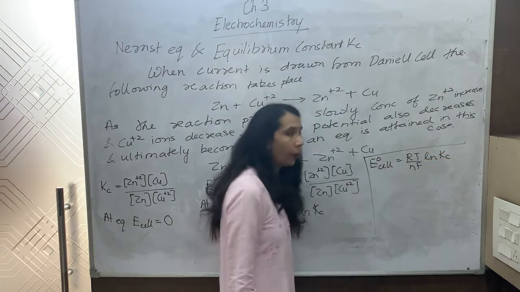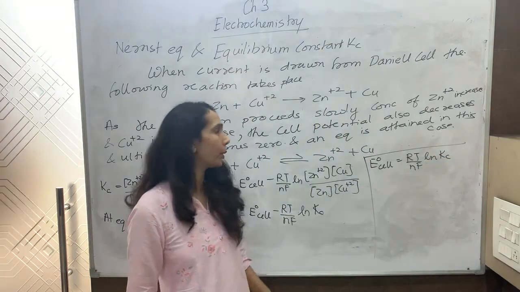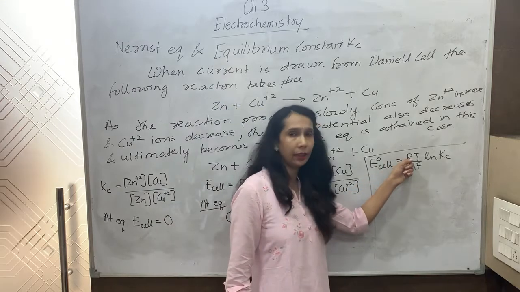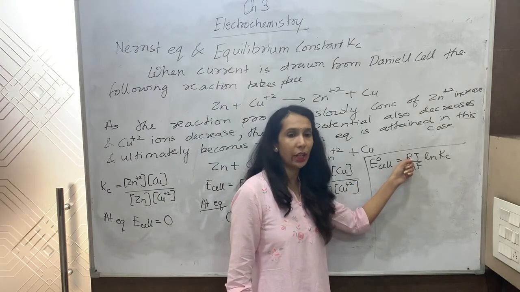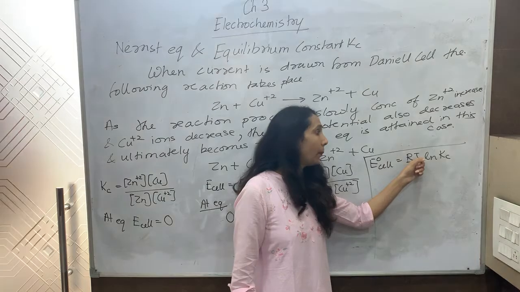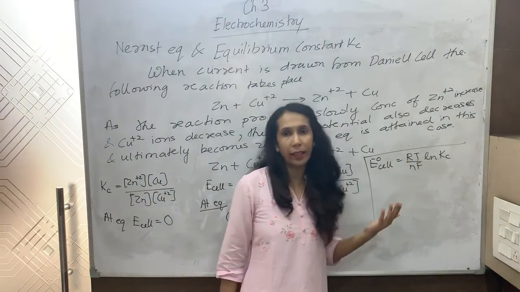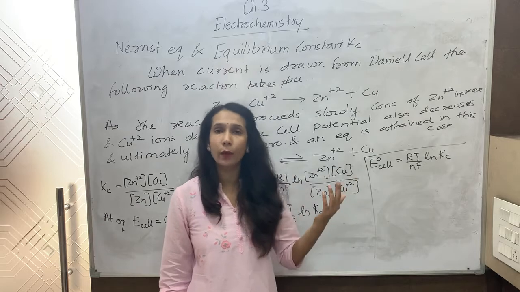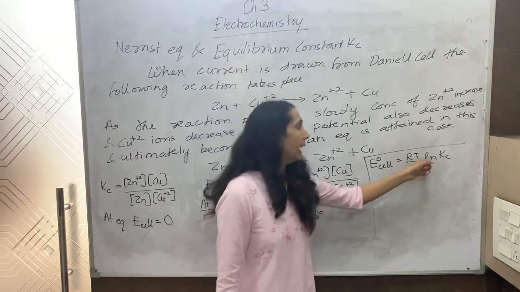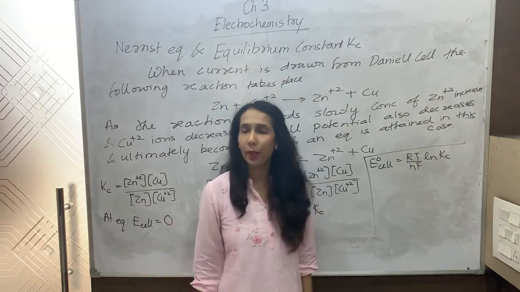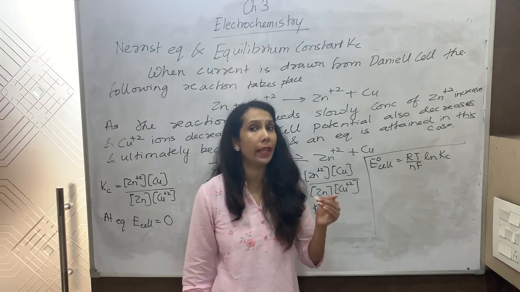Now all of you know in the Nernst equation what the values of these are. R is the universal gas constant 8.314, temperature is 298 Kelvin, F is Faraday's constant 96487 coulomb, and ln is 2.303 log to the base 10.